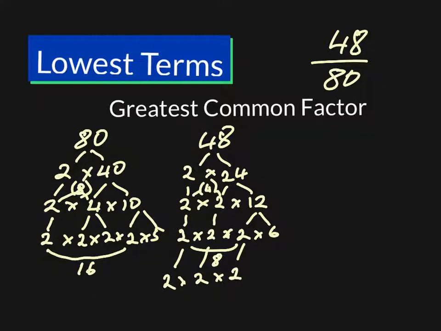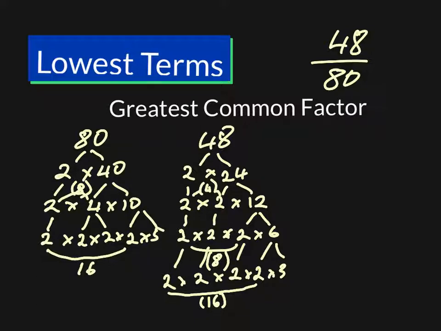Those don't get any smaller. But 6 does. It could be 2 times 3. Okay, so I've got 3, and then all these 2's, and 2 times 2 times 2 times 2. If I multiply those out, I'll find they give me 16, and so that's another factor, 16 times 3.